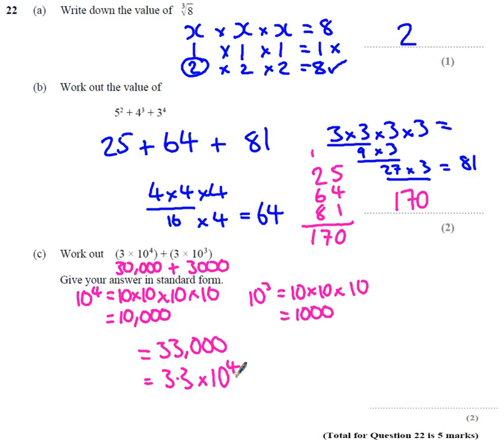Because if you remember, 10 to the power of 4 is 10,000, and therefore I've got to do 3.3 times 10 to the power of 4, and that gets me it. So this first part here, which is 3.3, is greater than 1 but less than 10, and my second part is in terms of powers of 10. So your answer is 3.3 times 10 to the power of 4.